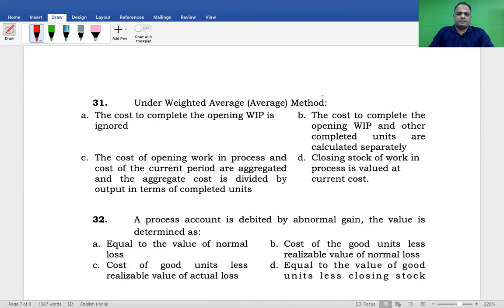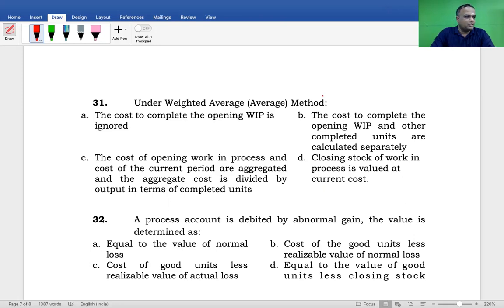Next. Under the weighted average method, what is correct? You have to identify. First one, the cost to compute the opening WIP is ignored. Is it right? We have to consider it. Second one, the cost to compute the opening WIP and other completed units are calculated separately.